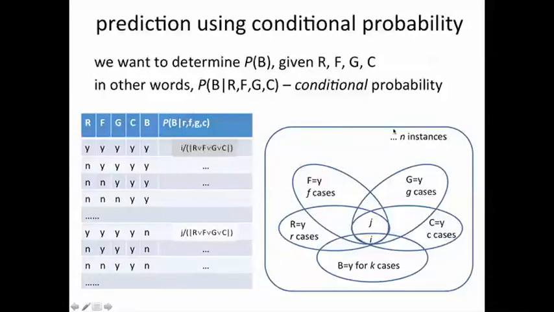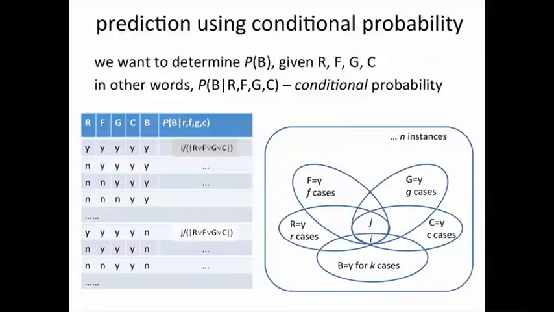Suppose we have n instances or n historical queries. In R cases, they had the keyword red. In F cases, they had the keyword flower. Similarly, G for gift and C for cheap. And for K cases, there was actually a buy action, and for n minus K cases, there was not a buy action.